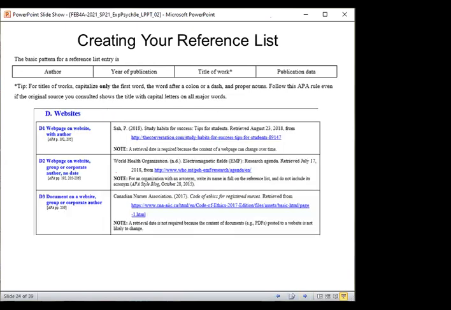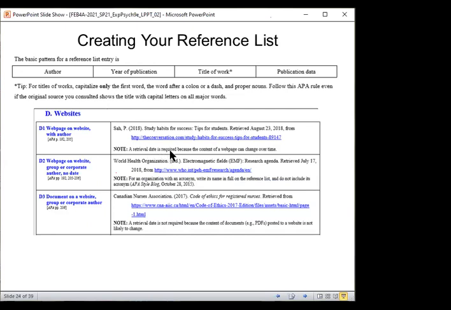Here's another snippet from websites. Website with an author here, year, study habits for success, tips for students, that would be the title, and then retrieved from and the link. Okay, and just to say why the retrieval date, this note tells us why they want that in APA.